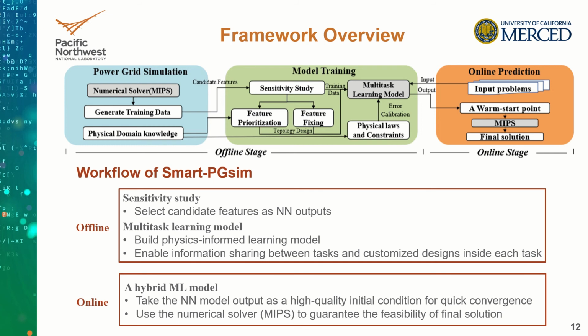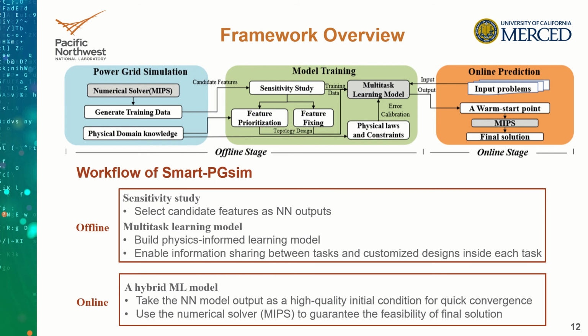Based on the observation in the sensitivity study, we can introduce a multitask learning model, which is trying to use some layers to enable the information sharing, but will also develop some customized design for each task.